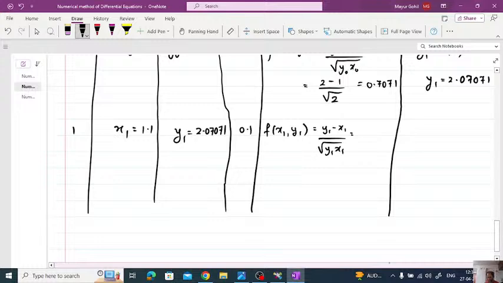So 2.07071 minus 1.1, right, divided by the square root of the product, right? So it is going to be 1.1 times 2.07071.